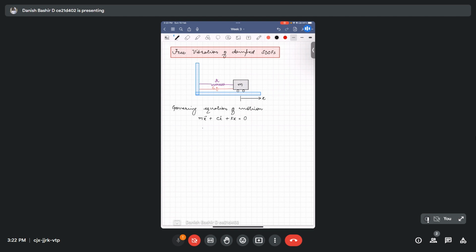So dividing throughout by m, we will be left with x double dot plus c over m of x dot plus k over m of x is equal to 0.